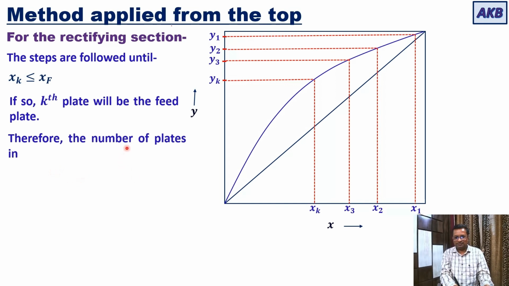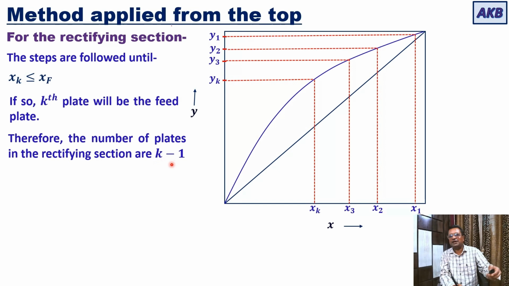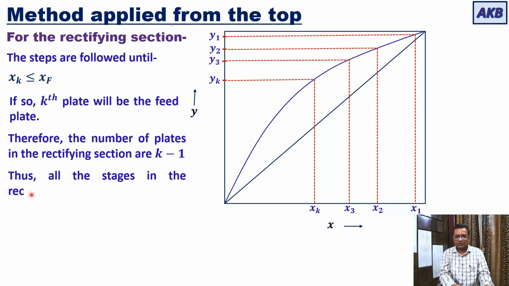Therefore, if the kth plate is the feed plate, then the remaining k minus 1 plates will be in the rectifying section. So the number of plates in the rectifying section will be k minus 1, and the kth plate is the feed plate. I hope this is clear to you. So in this way, all the stages in the rectifying section are covered, when xk becomes less than xf.